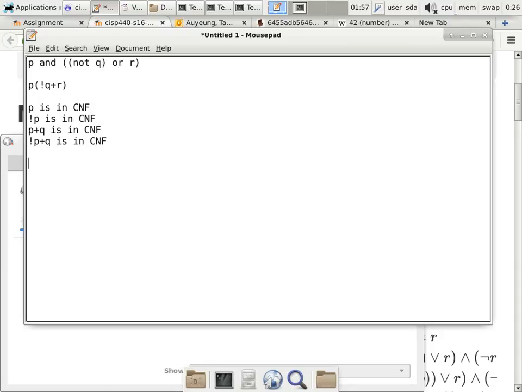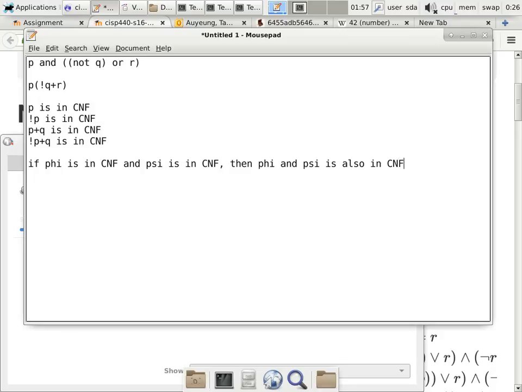And then the rest is recursive, because the rest basically says, if phi is in CNF and psi is in CNF, then phi and psi is also in CNF.